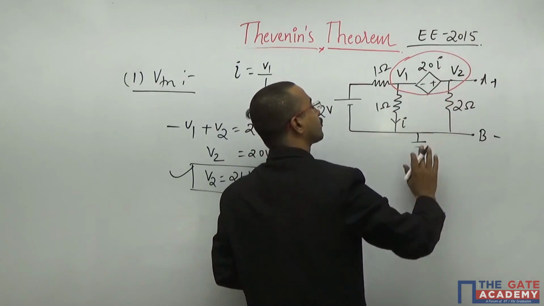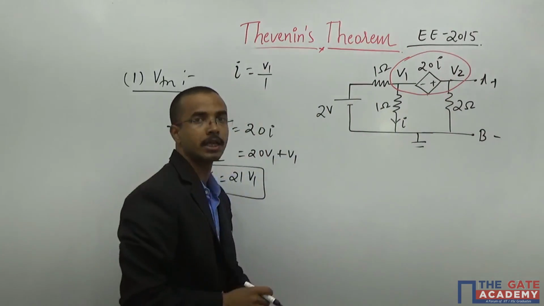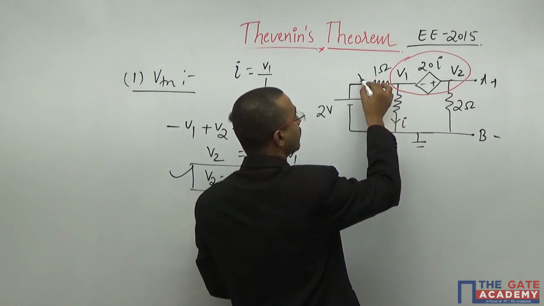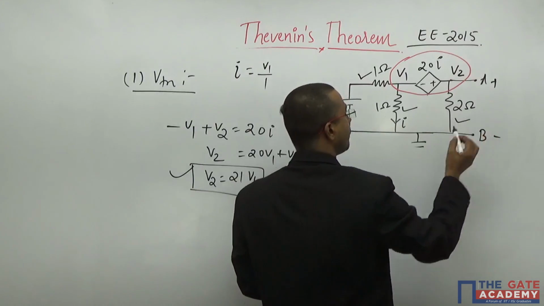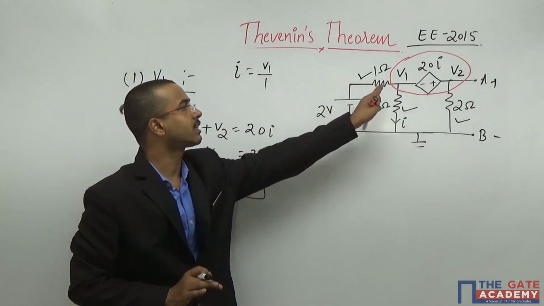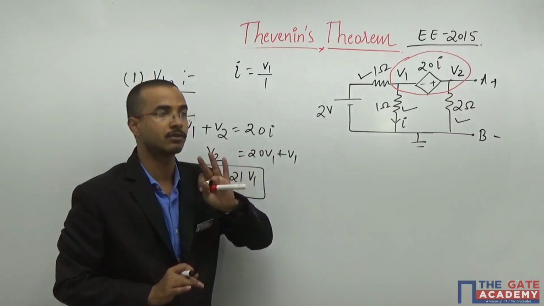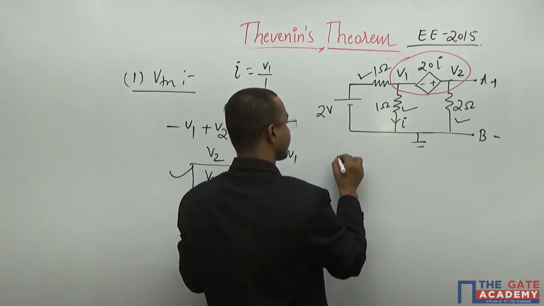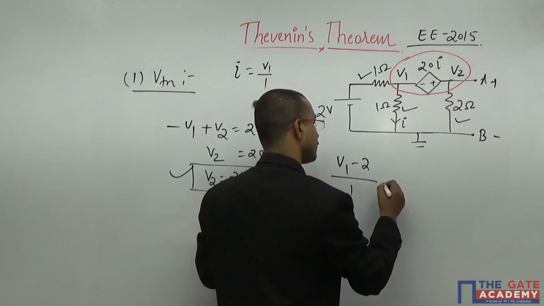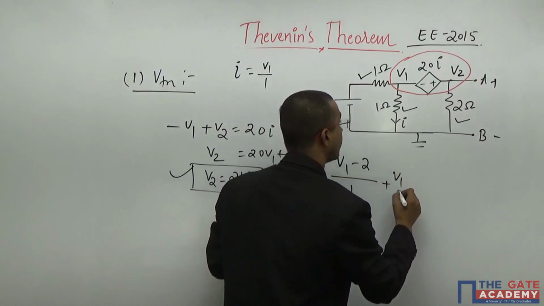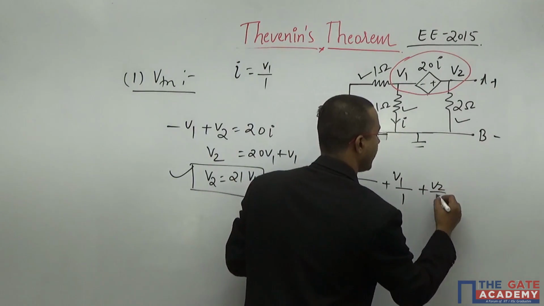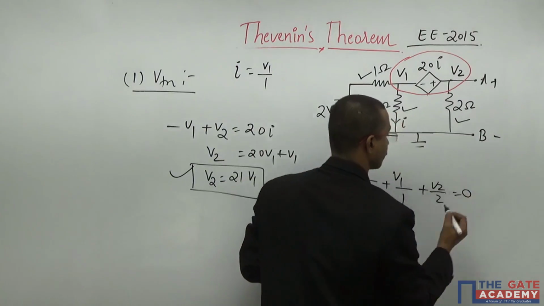For outside of the super node, we have to write one more equation. 1, 2 and 3 branches I have outside of the supernode. That means I will write down the current of outside of the supernode also. The first one is this, V1 minus 2 divided by 1 plus V1 by 1 plus V2 by 2 is equal to 0.